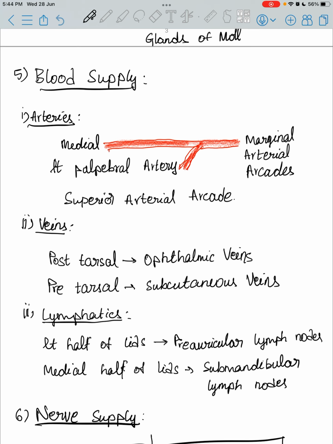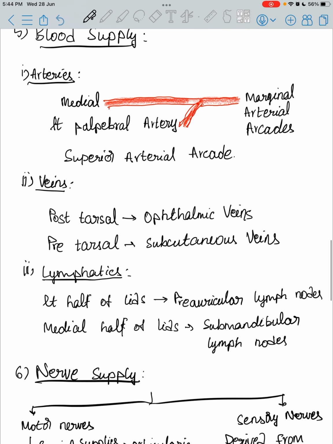These two arcades will supply the arterial blood. Let's discuss about venous drainage. In post-tarsal part, all the blood in the veins drain into ophthalmic veins, and in pretarsal part all the blood will drain into subcutaneous veins.